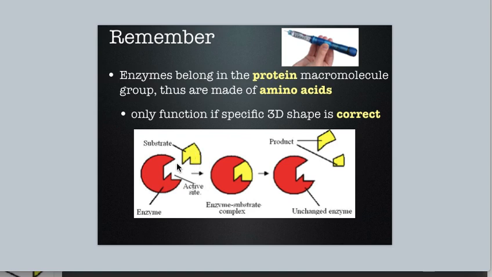The substrate lands on the active site of an enzyme, and here they are combined, enzyme substrate complex. They're joined together. This joining lasts very quickly, much less than a second, and the enzyme actually breaks this thing apart.